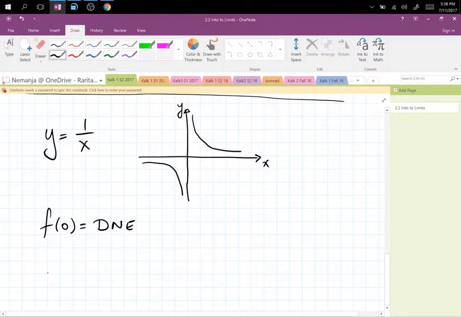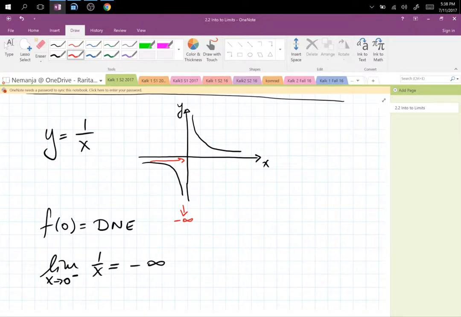All right, so now I want to know about the limit. X approaches 0 from the left. What do I get? Negative infinity is correct. Observe that as you're approaching from the left, your y value goes down into negative infinity. Great. What's happening for the limit as x goes to 0 plus?